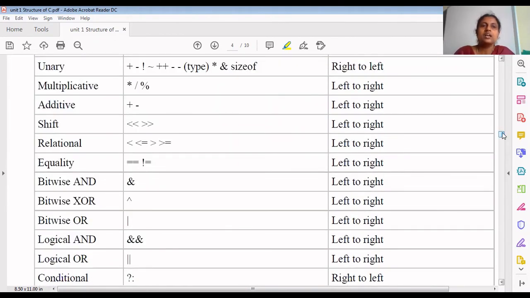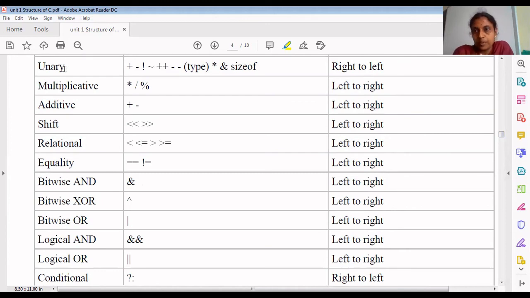So first, importance is given to unary operators. Unary operators means this plus plus, minus minus. We will come across this unary term also in the upcoming classes. Unary usually means with only one. When I started, I talked about operand and operator. Operand means the value I give.